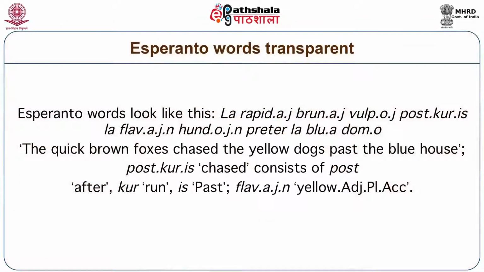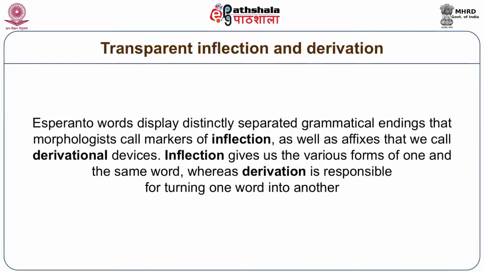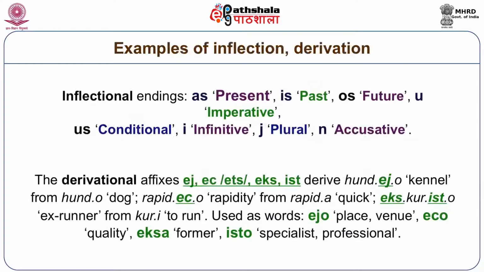If you don't know anything about the artificial language Esperanto, I need to show you some specimens. For example, in Esperanto, the endings of verbs showing present, past, future tense are very simple. As is the ending of the present, is of the past, os of the future, u of the imperative, us of the conditional, e of the infinitive.